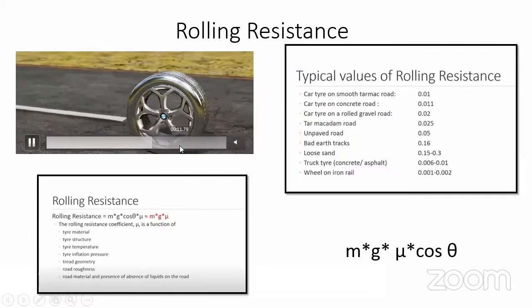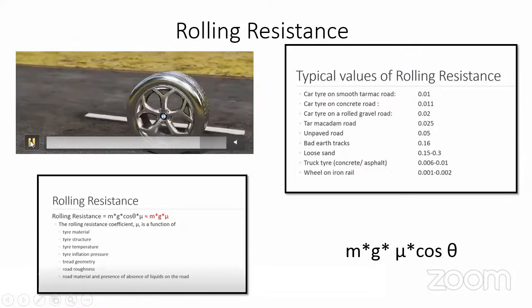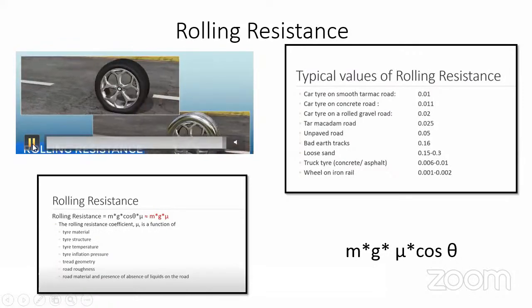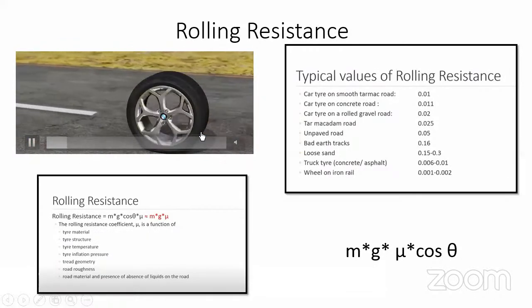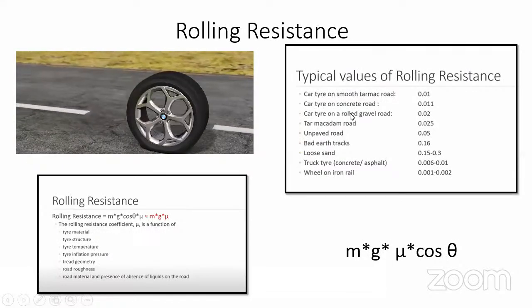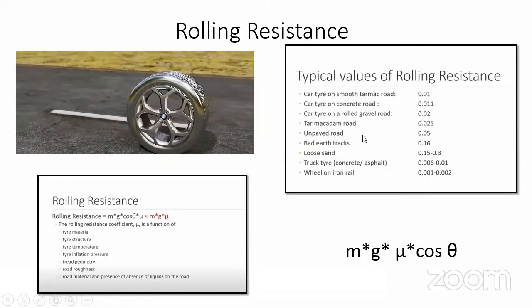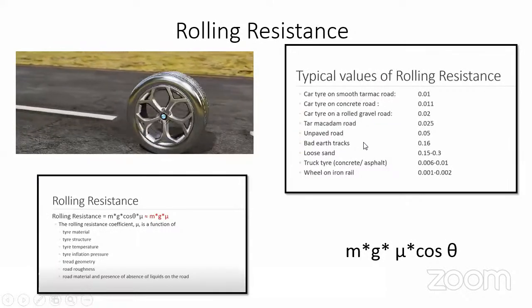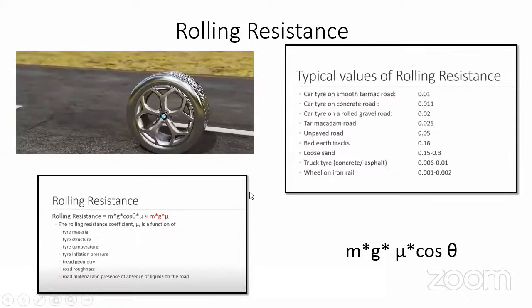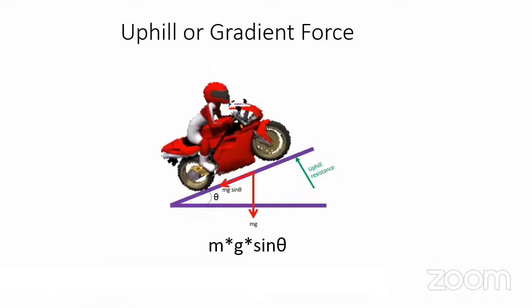There is another type which moves a long distance, right? So there is a little friction, let's say. The idea is that it depends upon the car tire, or even the road type. There could be a tarmac road, a concrete road, a gravel road. There are so many types of roads. So the rolling resistance varies depending upon the tire material, tire structure, temperature, pressure, geometry, or the road roughness.